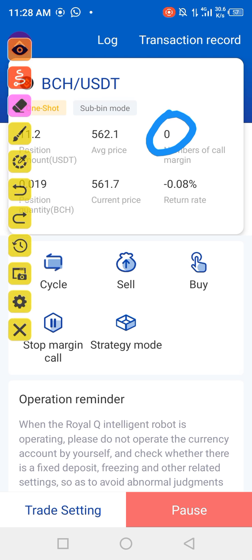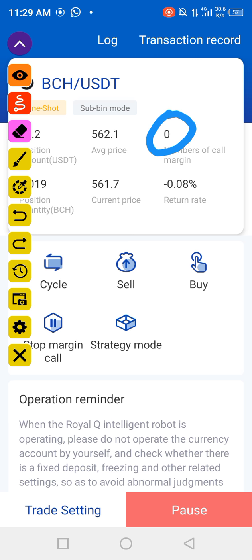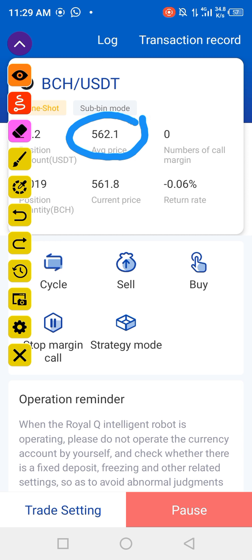Okay, let me explain more things here. Here is the purchasing price, 562.1. Here is the current price, 561.6.